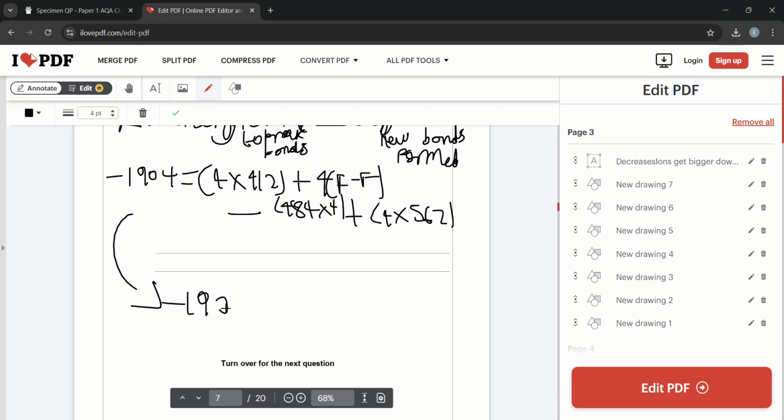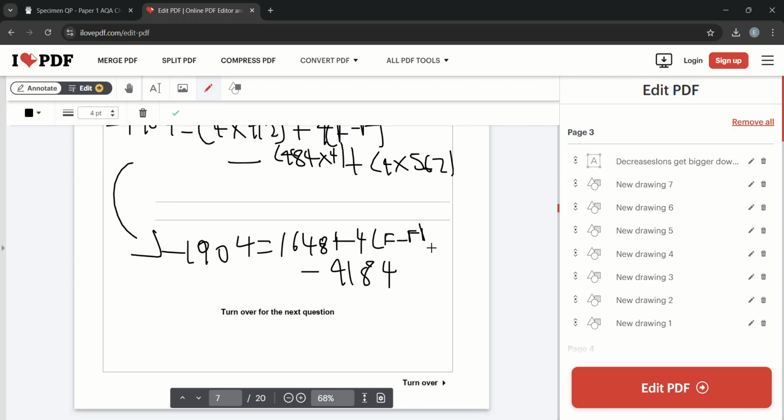Minus 1904 equals 4 times 412, which is 1648, plus 4FF, minus 484 times 4 plus 4 times 562, which is minus 4184.